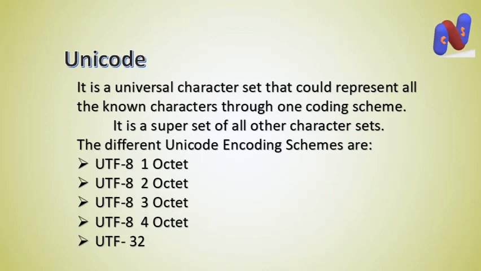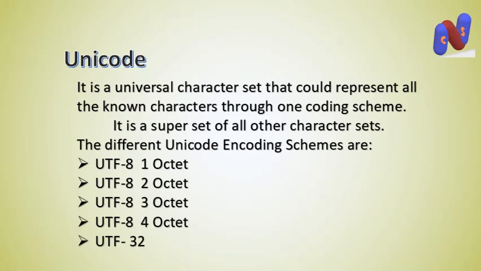Now how does Unicode represent data in its scheme? The different Unicode encoding schemes are UTF-8 1 octet, UTF-8 2 octet, UTF-8 3 octet, UTF-8 4 octet and UTF-32.